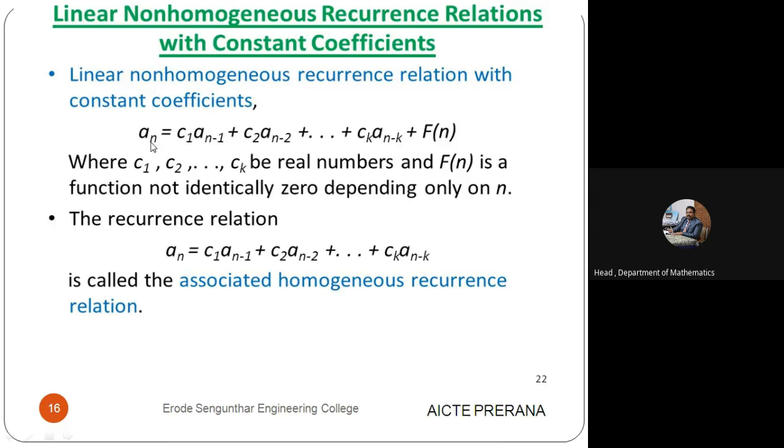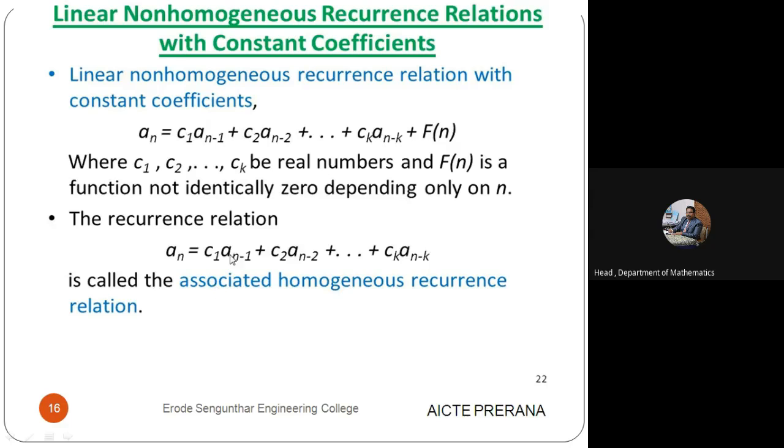This is non-homogeneous since all the terms are not a sequence of a_n. Here f(n) is independent of a_n. Therefore, it is a non-homogeneous recurrence relation.